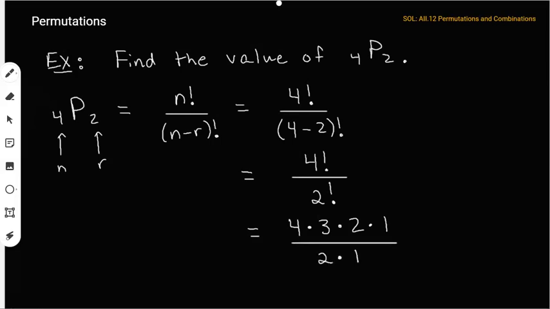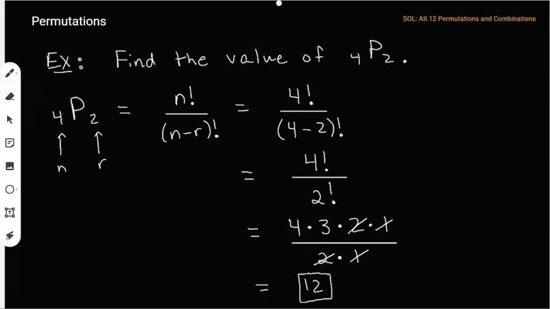So now I'm going to cancel out common factors on the top and the bottom. The 2's I can cancel out, and the 1's I can cancel out. So then I'm just left with 4 times 3 at the top, and that's going to be 12. So the value of 4 permutation 2 is going to be 12.